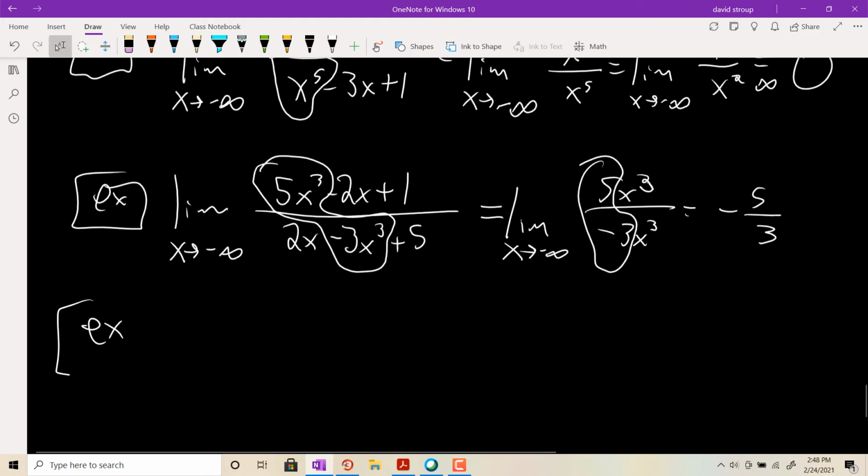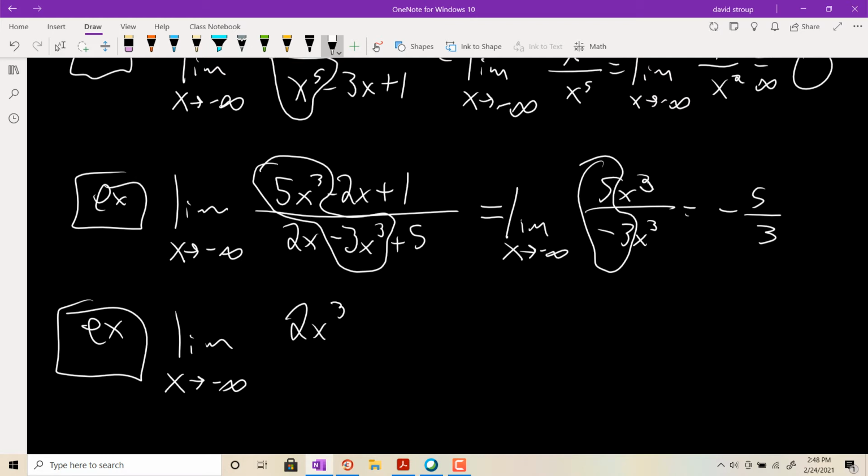Then the third case is when the denominator's degree exceeds the numerator's degree. So let's go with negative infinity again. So say 2x cubed minus 2x plus 2 all over 5x to the fourth minus 3x plus 1.